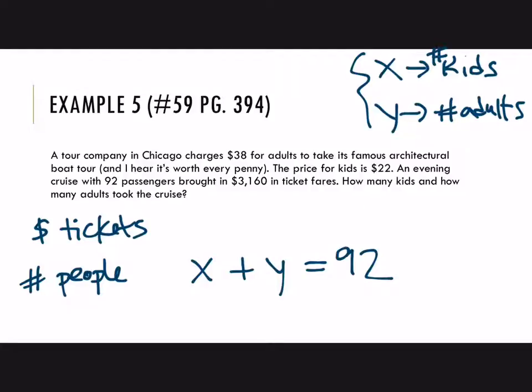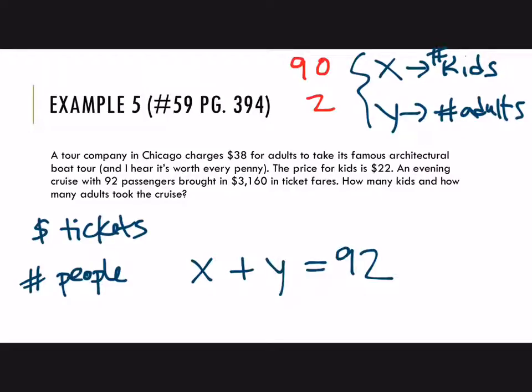So let's try this. Let's pick a random number to start with for the kids and the adults. We know there are 92 of them, so let's take a guess and say that there are 90 kids and 2 adults. Heaven forbid. That would probably be a pretty chaotic tour. But if that were the case, how would we find the dollar amount for the tickets?